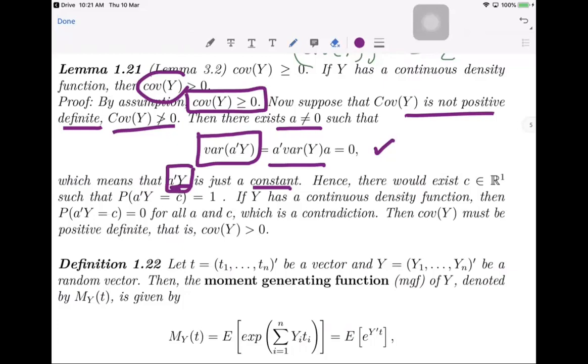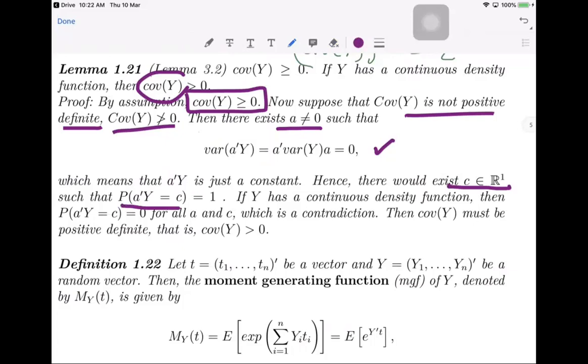So if it is a constant, then there must exist a constant C such that the probability of A prime Y being exactly equal to that constant is 1.